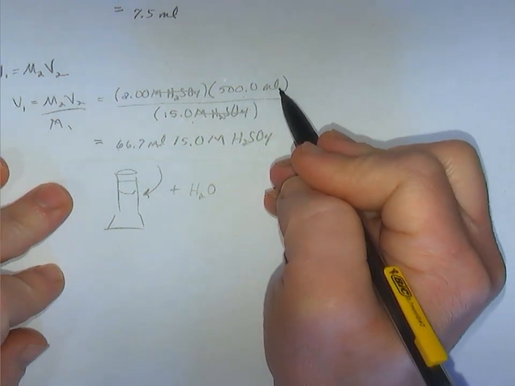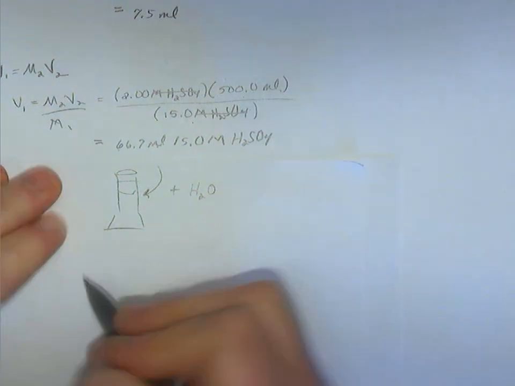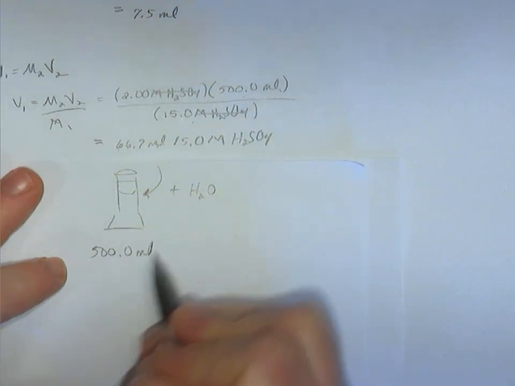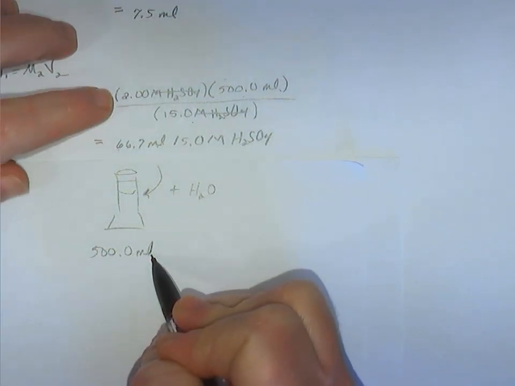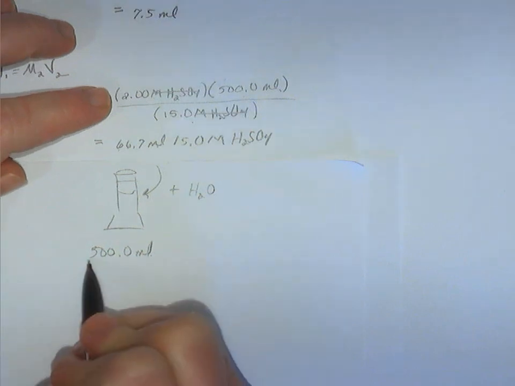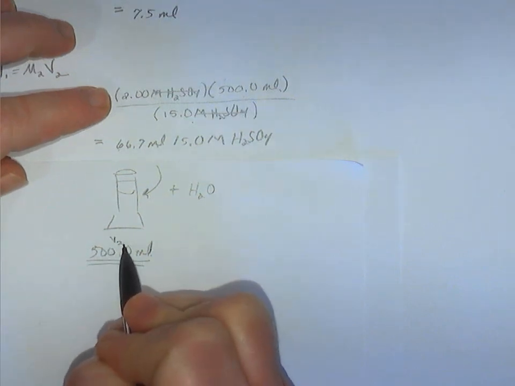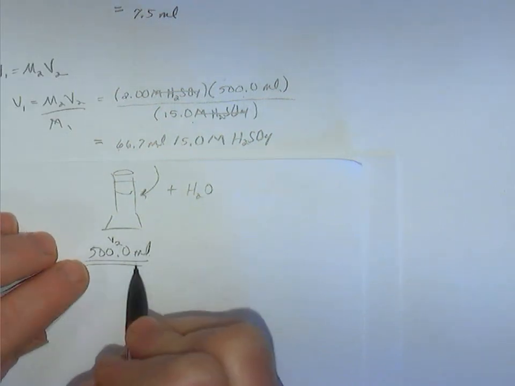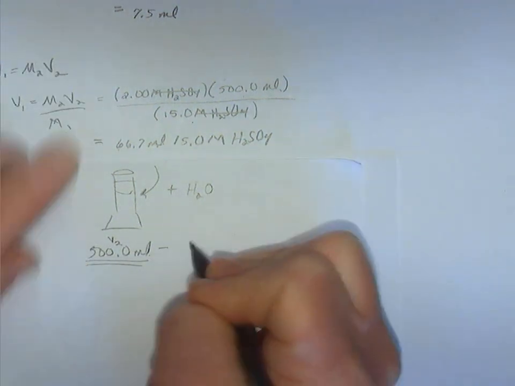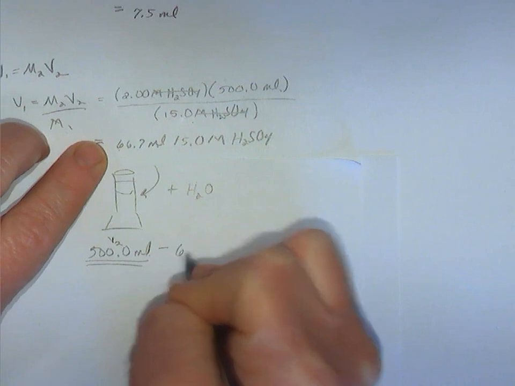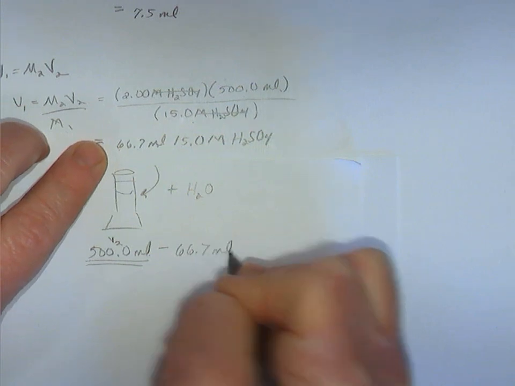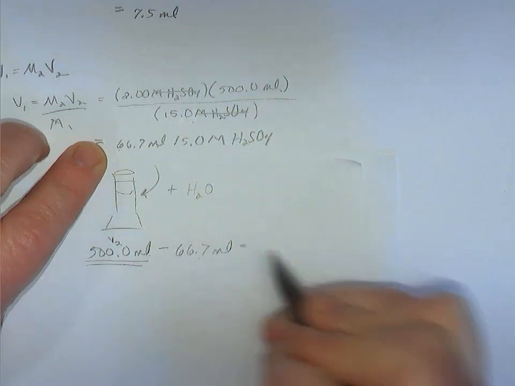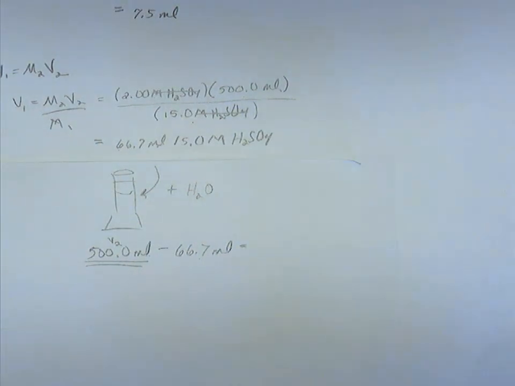We were already given that we are trying to make a 500 milliliter solution that is 2 molar. That is our V2. So if we take the amount of stock solution from the total amount we're shooting for, we'll get the amount of water that we had to add.